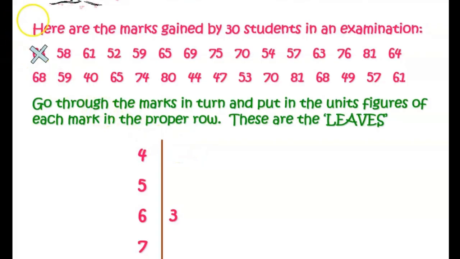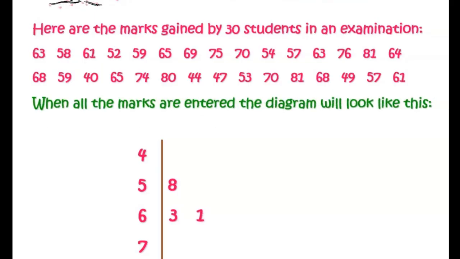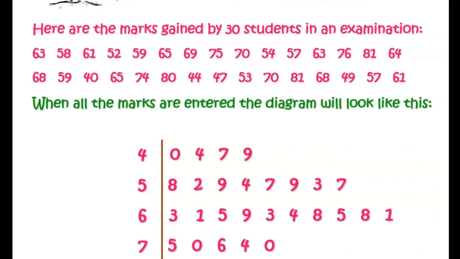I'm going to first check all the numbers under 6, because I have to be sure that I arrange starting from the smallest. So if I have 6 and I'm putting 3 here, then this is 58. I will go in that order. It's actually ideal to arrange from the smallest to the biggest.